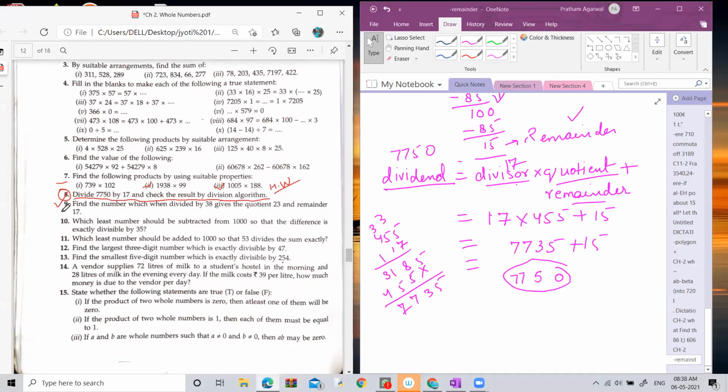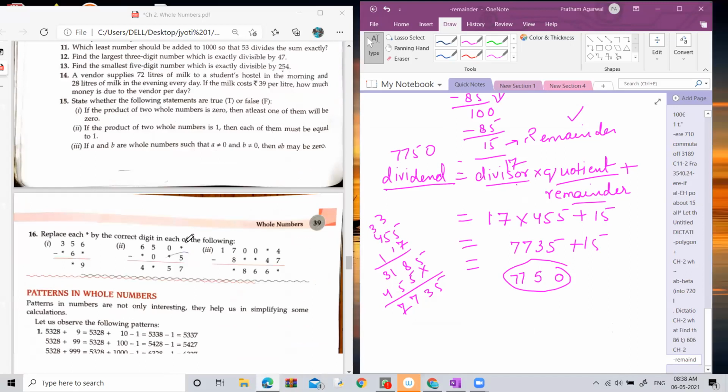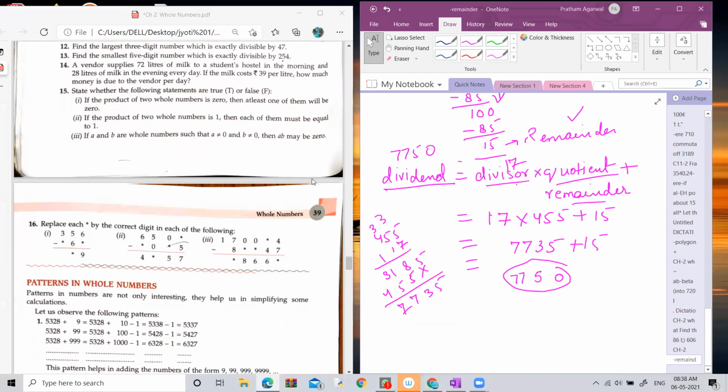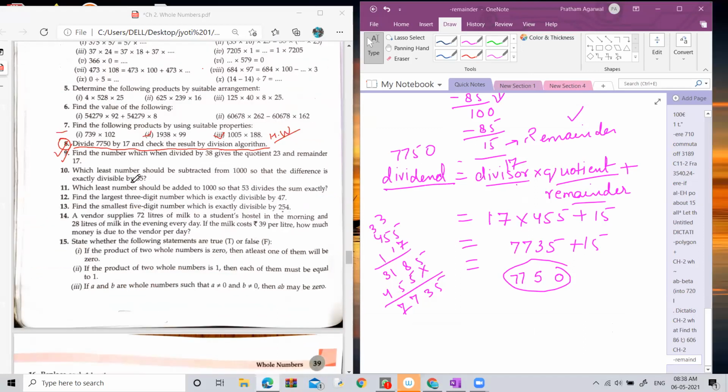Now let's do the 9th one. Find the number which when divided by 38 gives the quotient 23 and remainder 17. Yes, what are you saying? Please write in the chat box. Whatever you want to say, please write in the chat box, Peter. Okay. So let's see the 9th question.